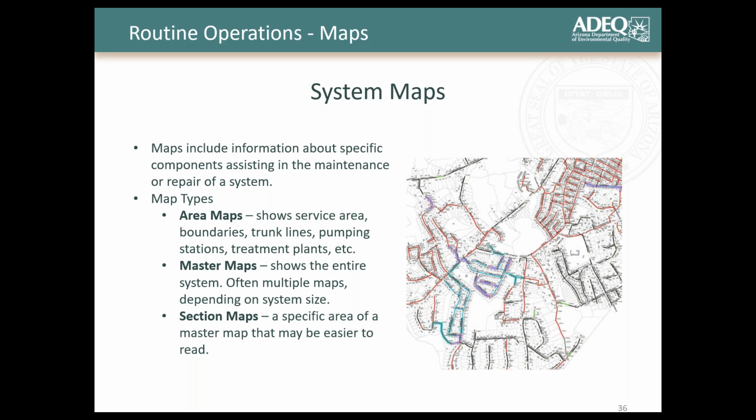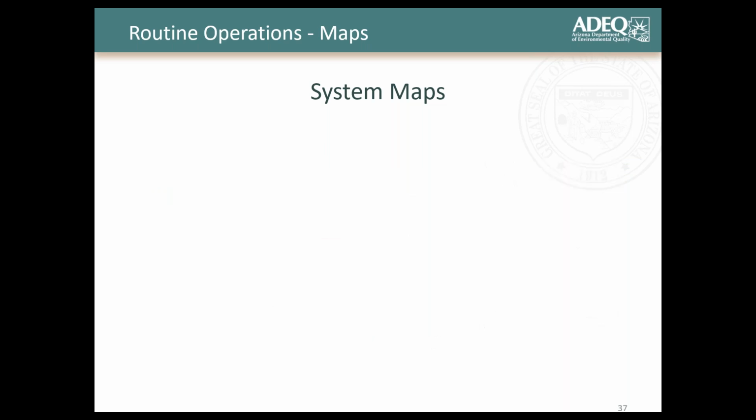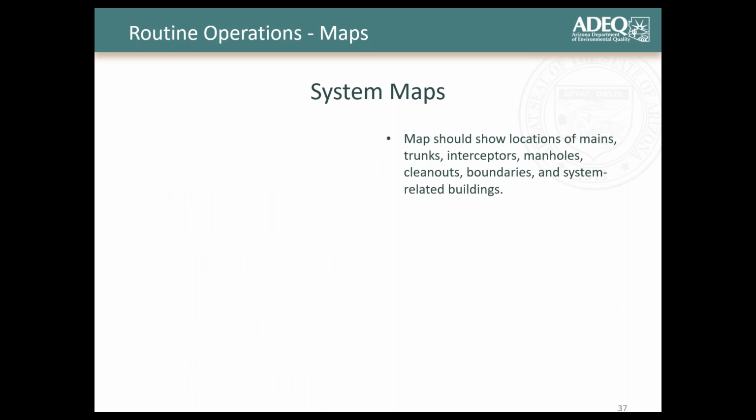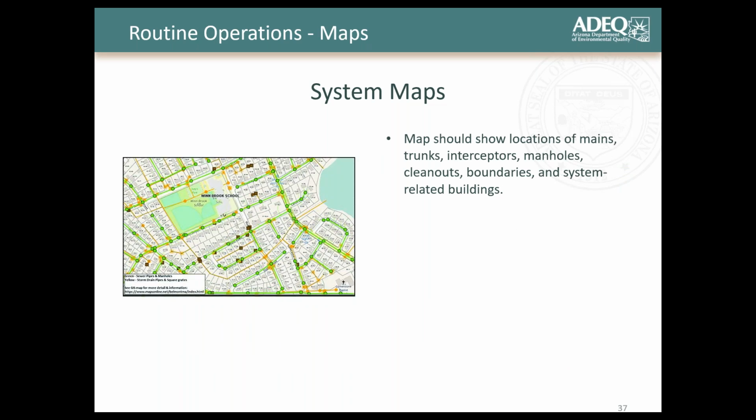Of course, there are also base maps that show individual parcels or properties. Now, system maps individually should show the location of mains, trunks, interceptors, manholes, cleanouts, boundaries, and system-related buildings.